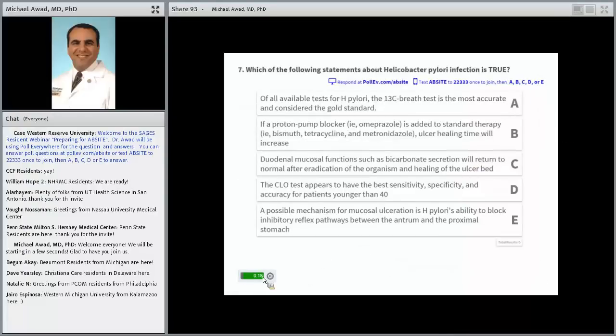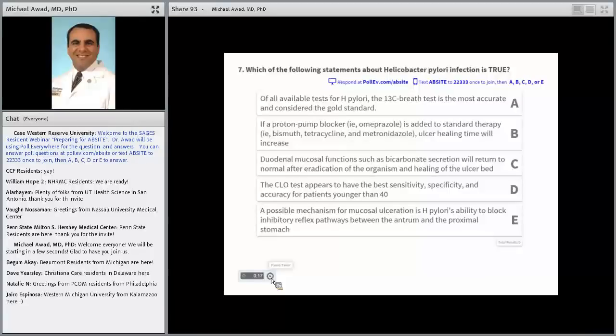All right, next number. Which of the following statements about H. pylori infection is true? Of all the tests for H. pylori, the 13C breath test is the most accurate and considered the gold standard. If a proton pump inhibitor like omeprazole is added to standard therapy, ulcer healing time will increase.